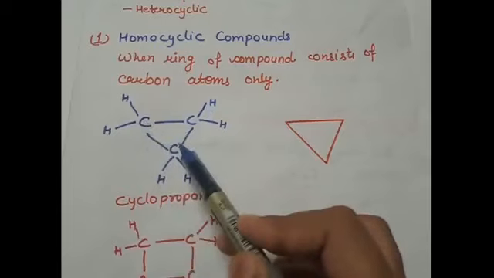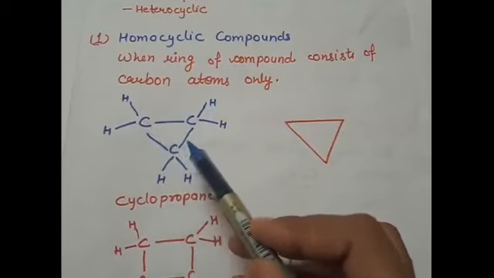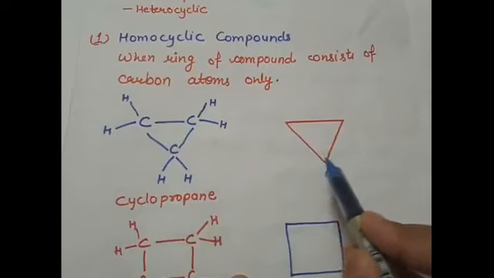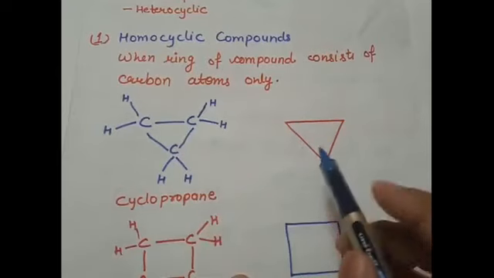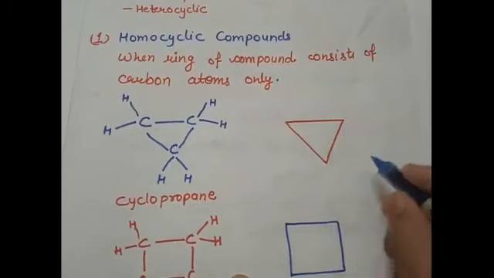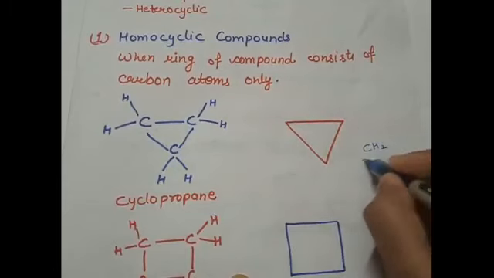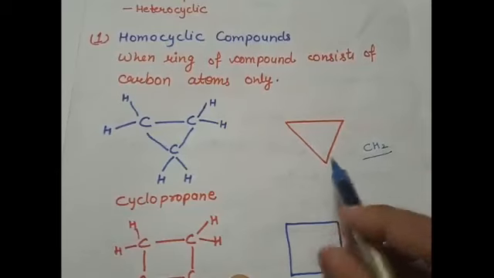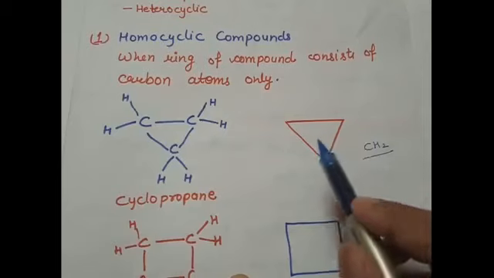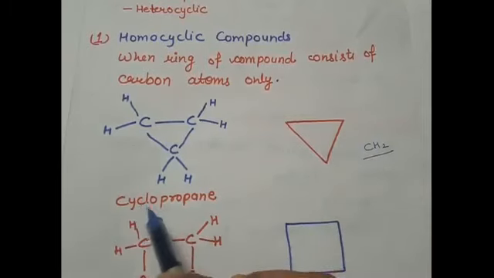They are combined with the single bond between them. So they can be represented as the bond line structure, which is representing the 3 corners as CH2 molecule, and because of this closed shape, this propane is known as cyclopropane.